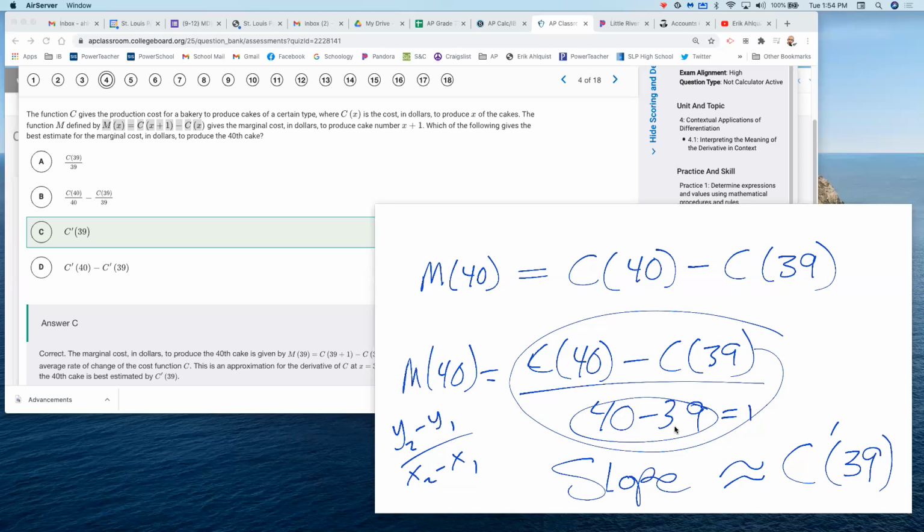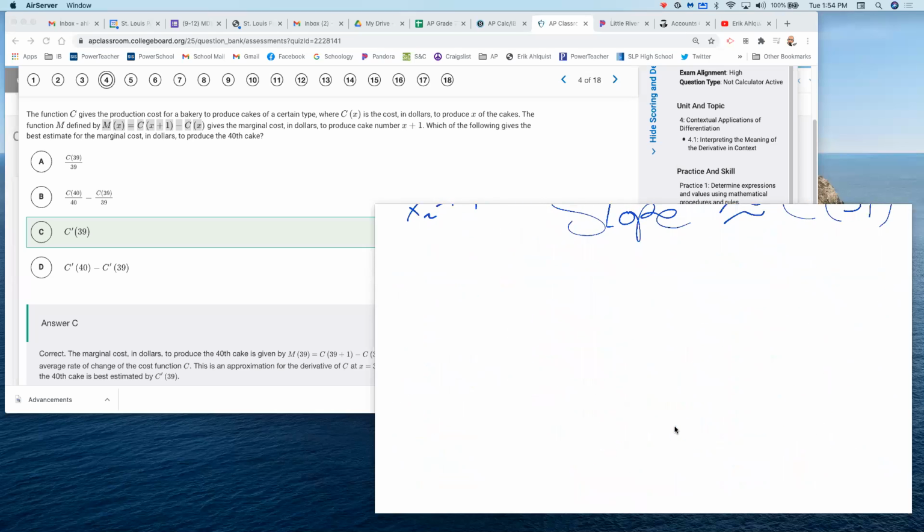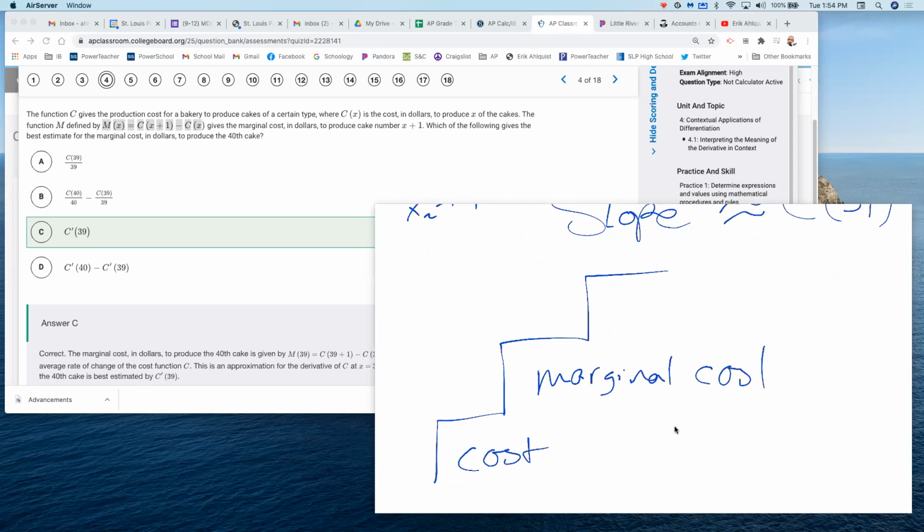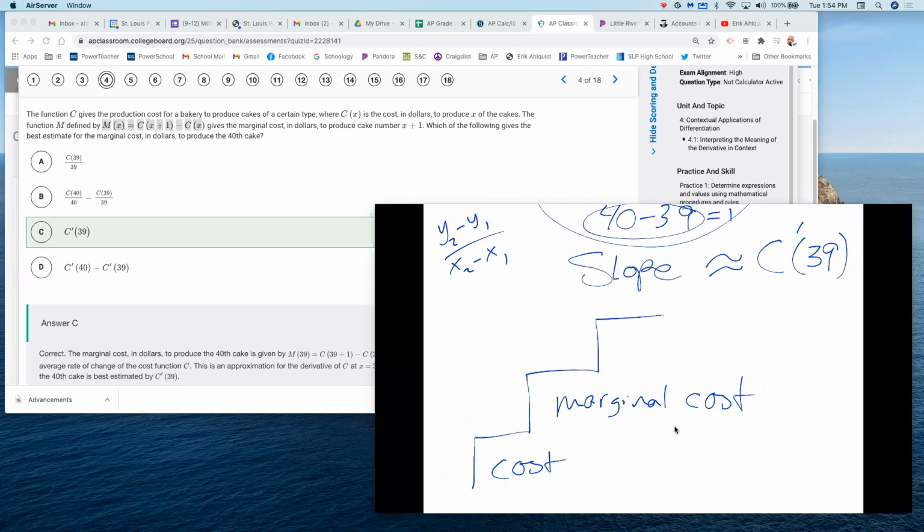So generally speaking, in the diagram, if cost is here, marginal cost is here. In an economics model, that's what's true. What is marginal cost?